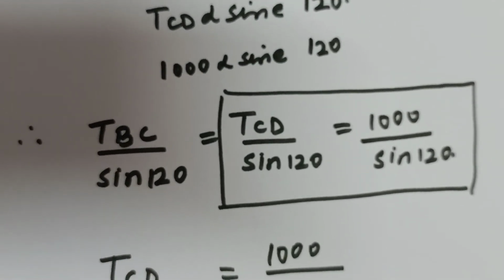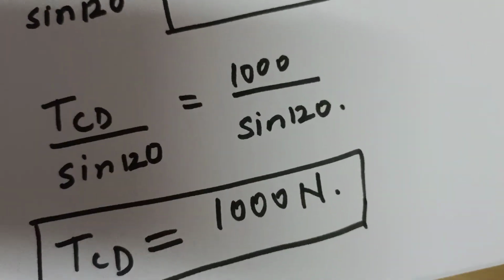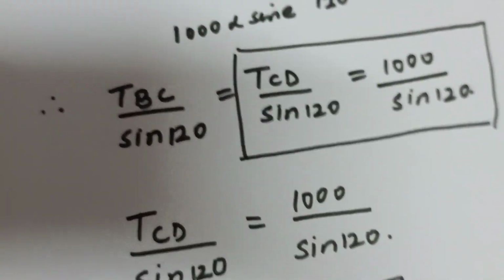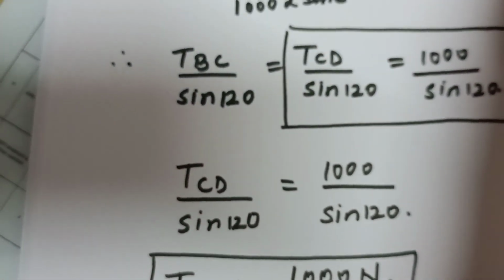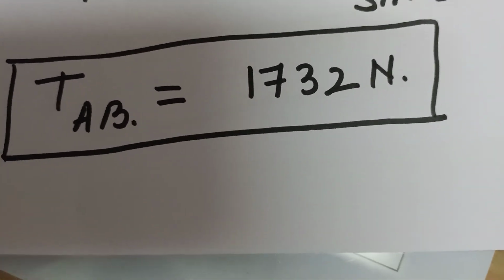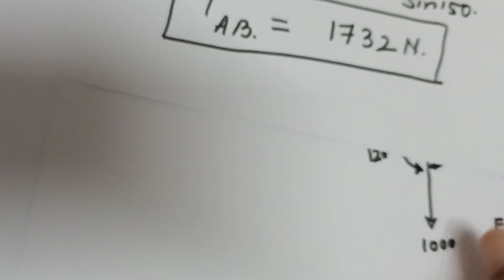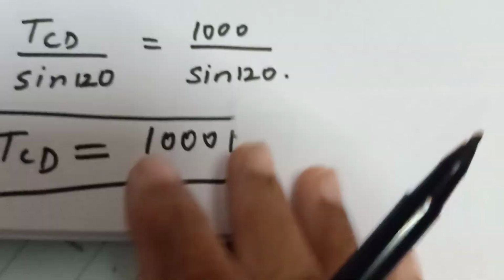Similarly, I can find out the value of AB, which we have calculated in our previous problem, that is TAB equal to 1732. TAB we have calculated as 1732, then TCD we have calculated as 1000, and now I want to find out the value of TBC. So again for TBC I can find it out by applying the equation.